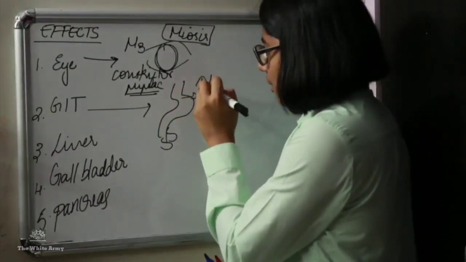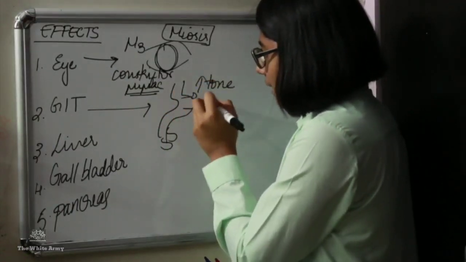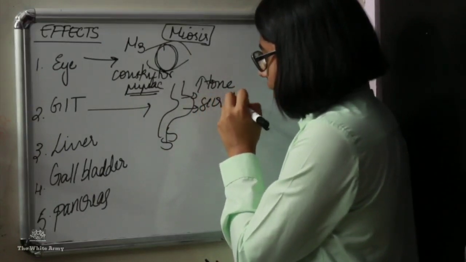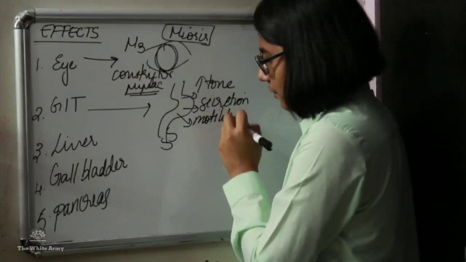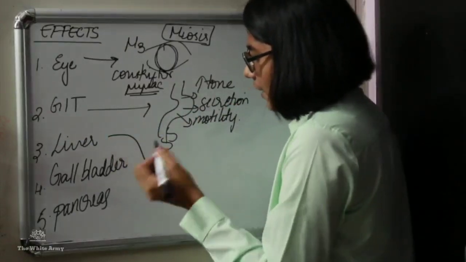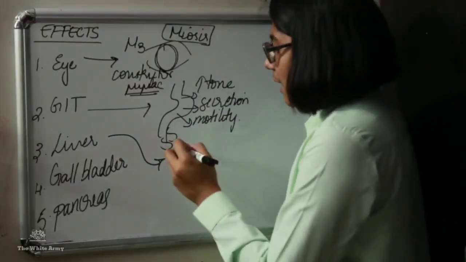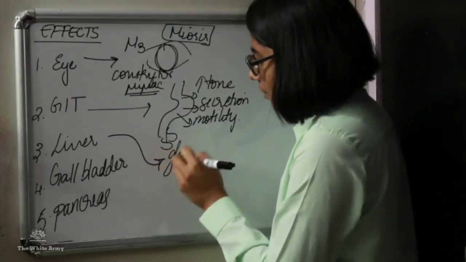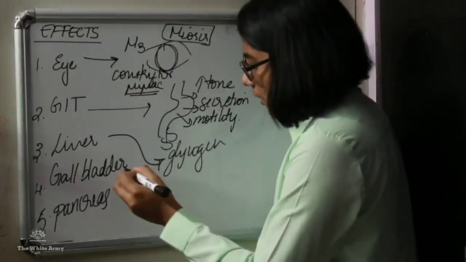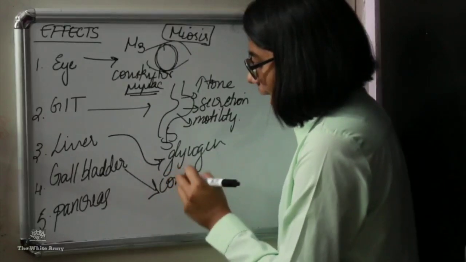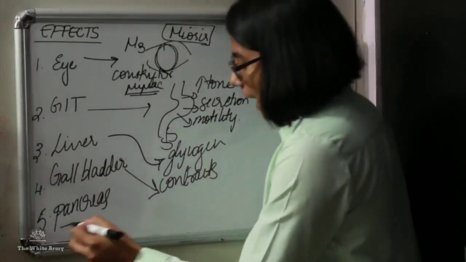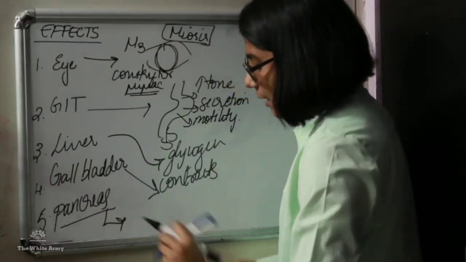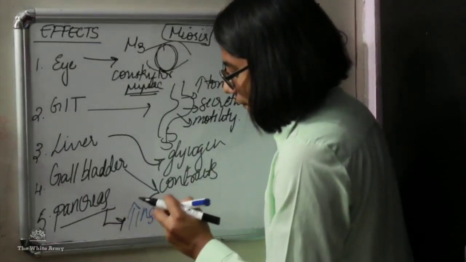It will increase the tone of the muscle, increase the secretions, and also increase the motility of the GI tract. On the liver, it's a simple action, that is, it helps in synthesis of glycogen. On the gallbladder and the duct, it contracts them, thereby increasing the release of bile. And on the pancreas, it increases the release of insulin.